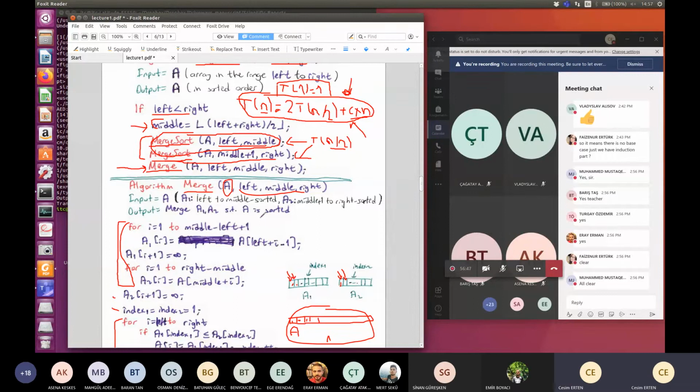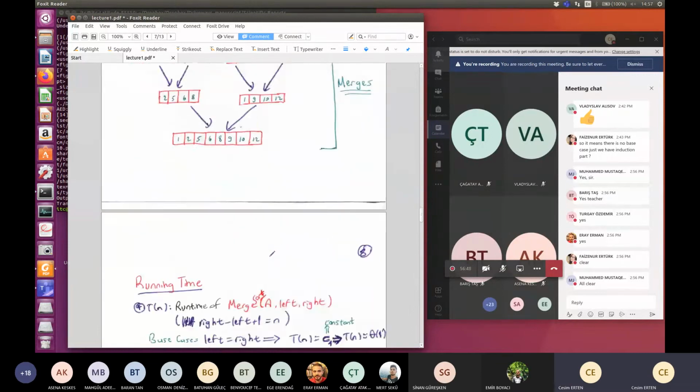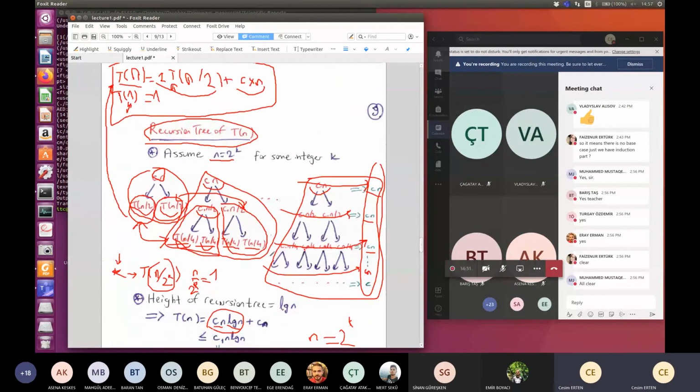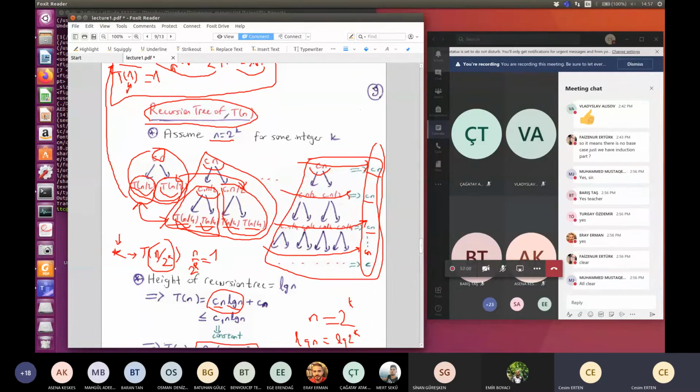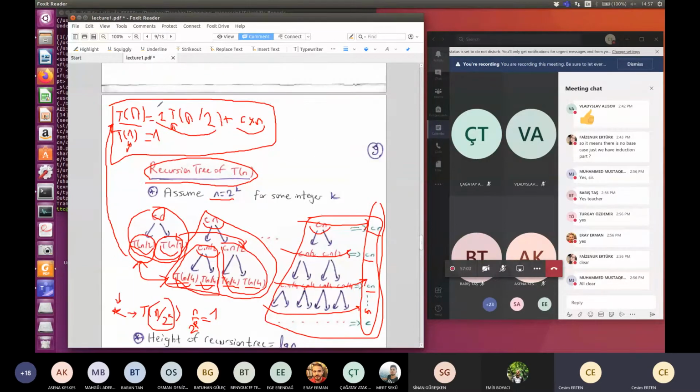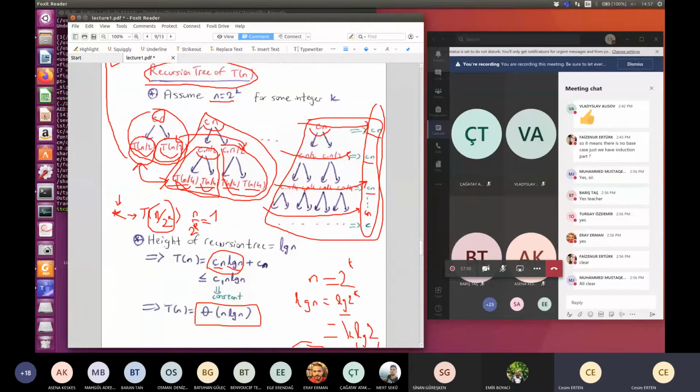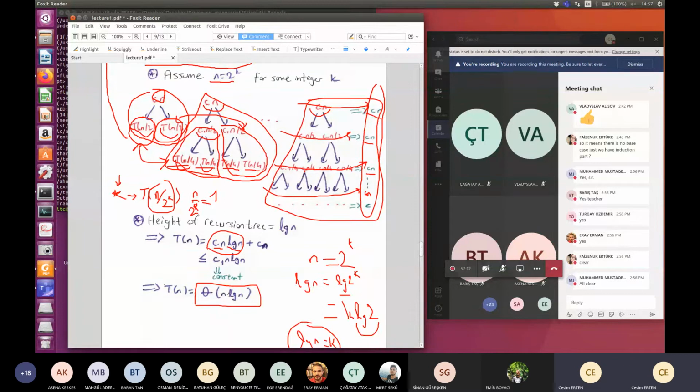The next step is to find a guess for a closed form formula for this recurrence relation. One way of doing such a guess is through the construction of a recursion tree, basically through each time expanding these T terms and finding the sum of terms in the tree. Using that for merge sort, we came up with the guess that it is n log n.